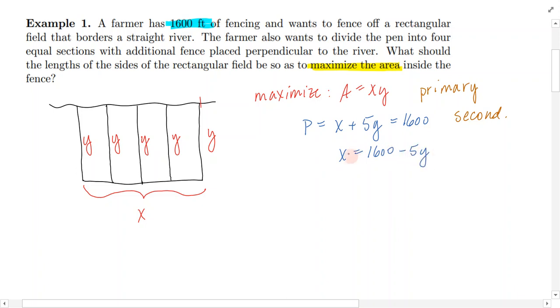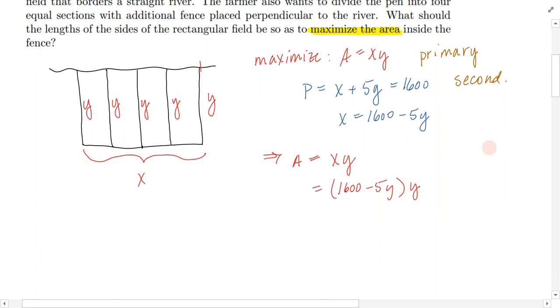So I take the secondary equation and solve it for one of the variables so that I can then substitute back into the primary equation. When I bring my primary equation down, we know that area is equal to X times Y, but we're going to let X be replaced with 1600 minus 5Y times the Y I already have, and therefore my area is going to be rewritten in terms of only Y's in this case.